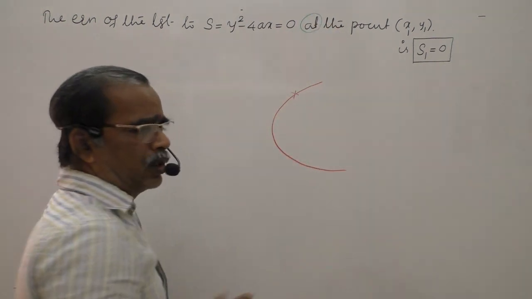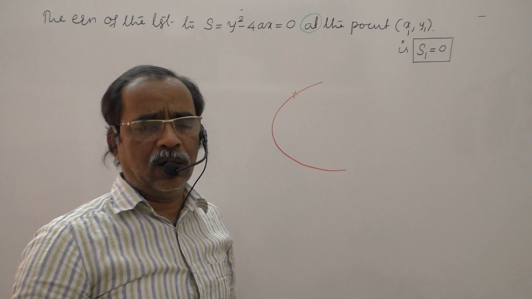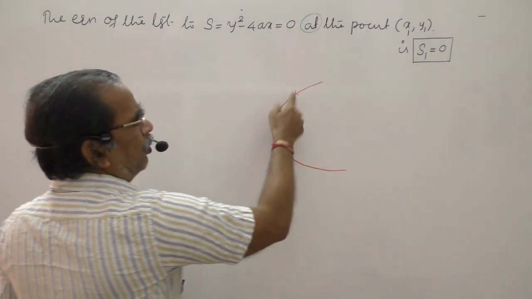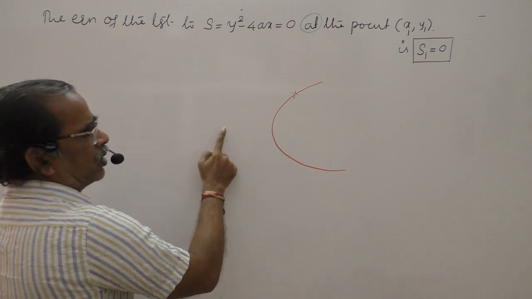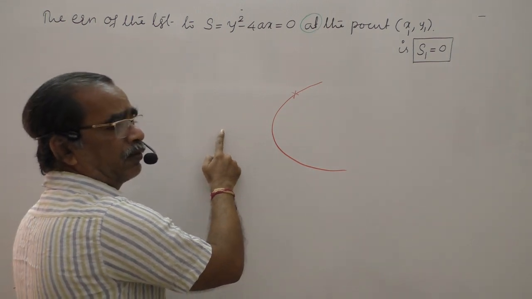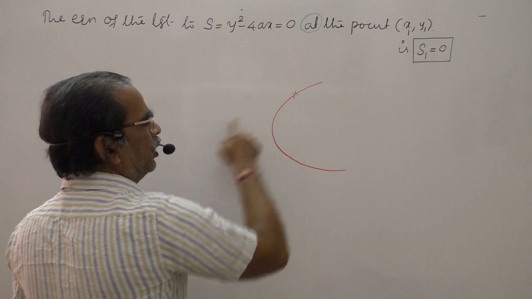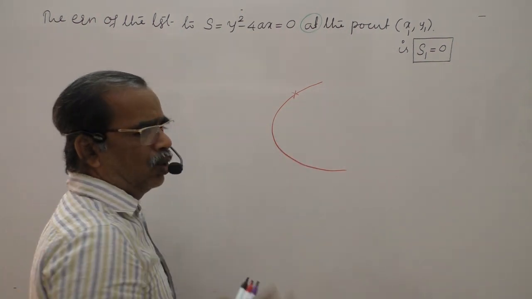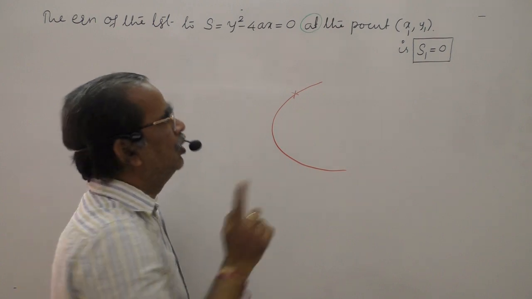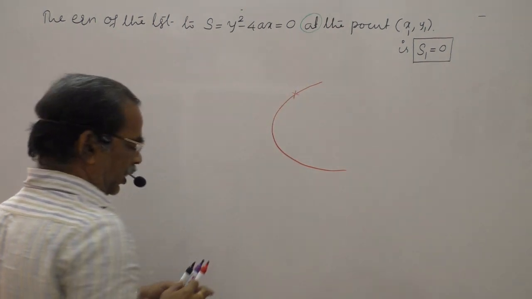At the point means the point is on the curve, and there exists only one tangent. If the point is outside, then we say tangents from the point, which means there exist two. If the point is inside, no tangent will exist.